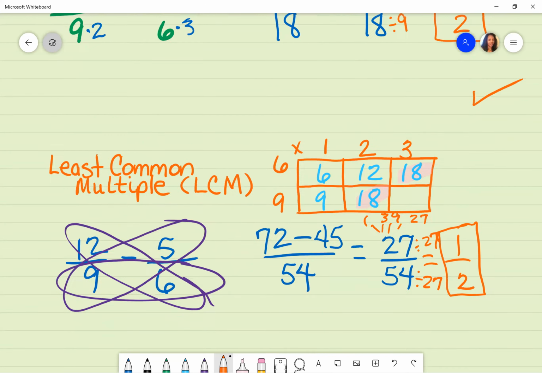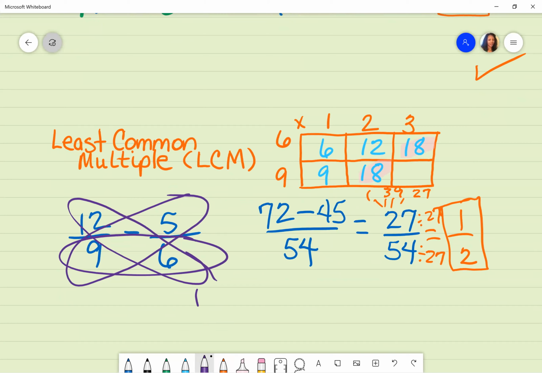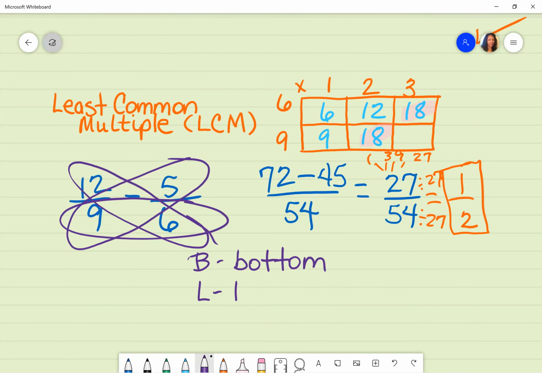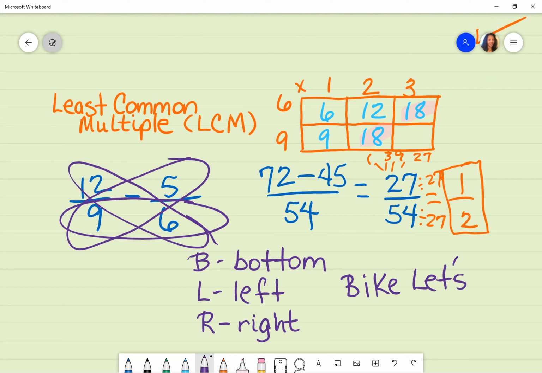Then you would do the diagonal, so left diagonal, L for left, and then you would do the right diagonal, R for right, and then I would say bike, let's ride. Does that kind of work? You are my child. I do this in class all the time. I just make up random stuff and it helps my students remember.